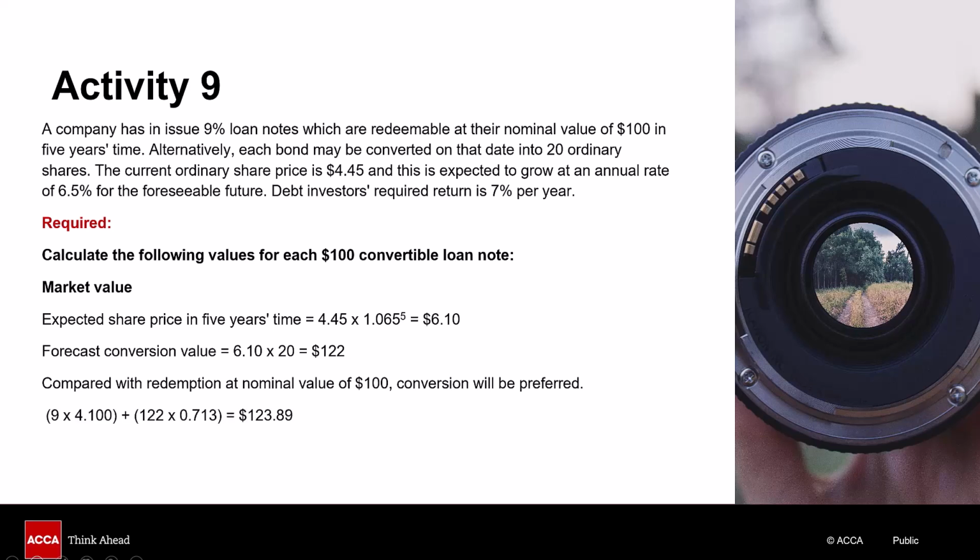So therefore, the market value of the convertible loan note is 123.89. The floor value, therefore, is based on redemption of 100, and that will be 108.20. Hopefully you got those correct. Congratulations if you did.